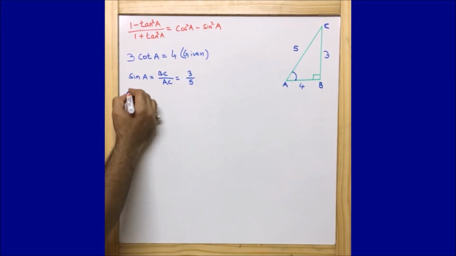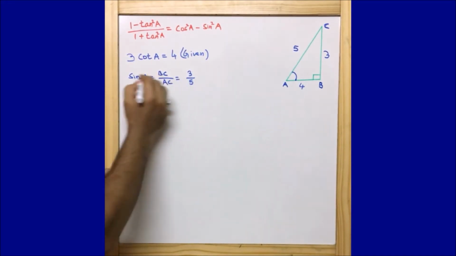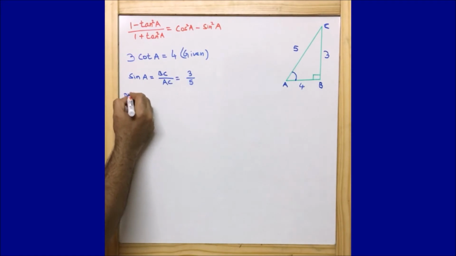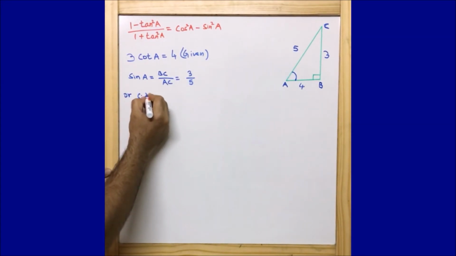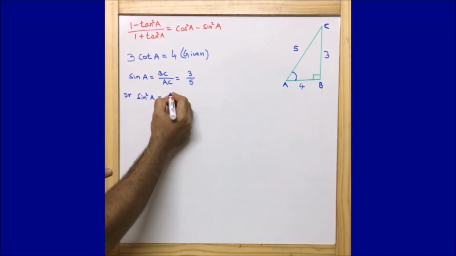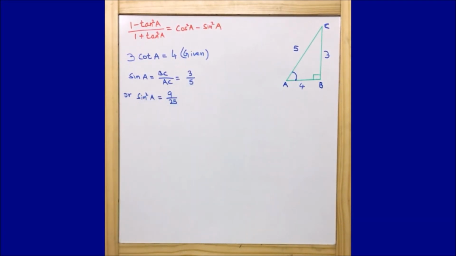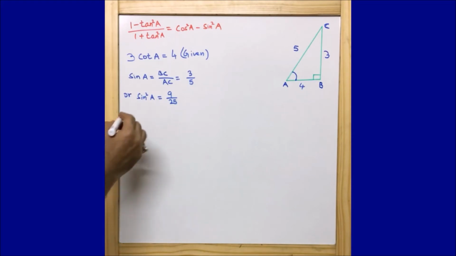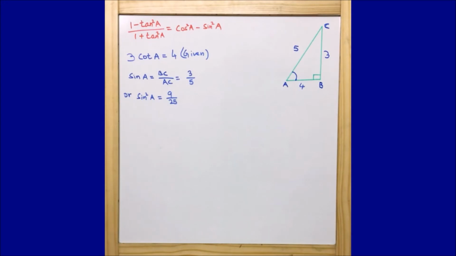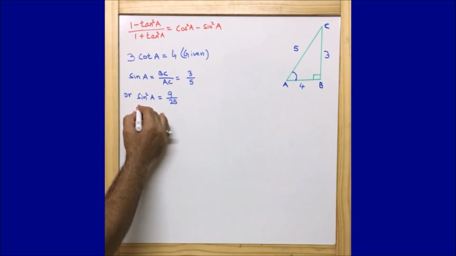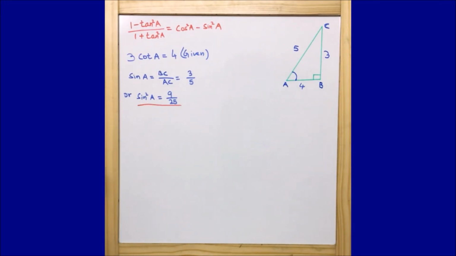Or I can write sin square A is equal to 9 by 25. I just squared this 3 by 5 and got sin square A as 9 by 25. This is one important value for us.